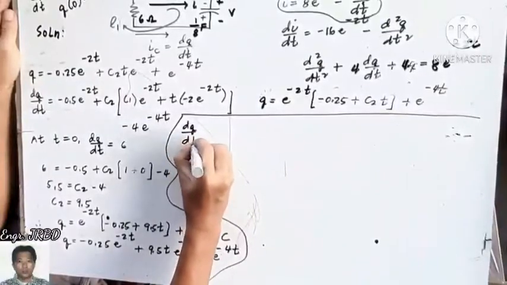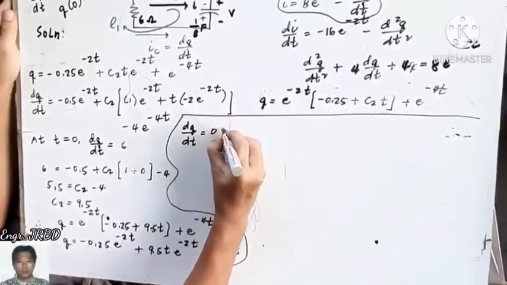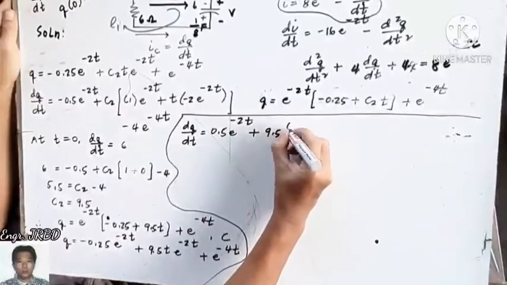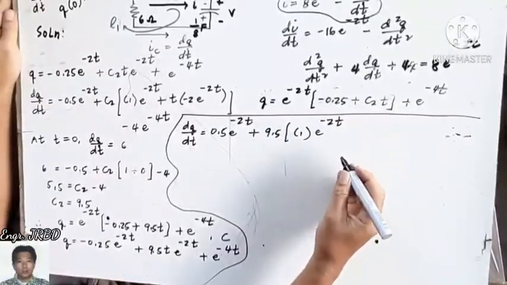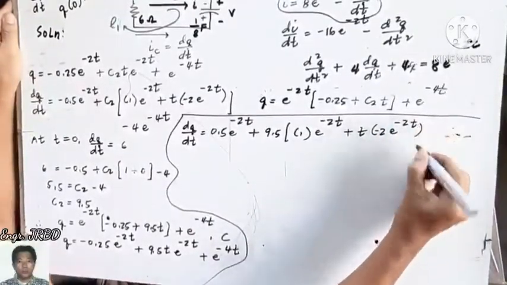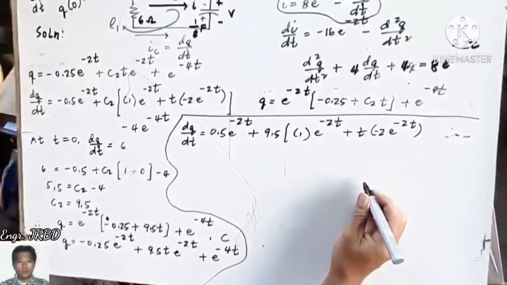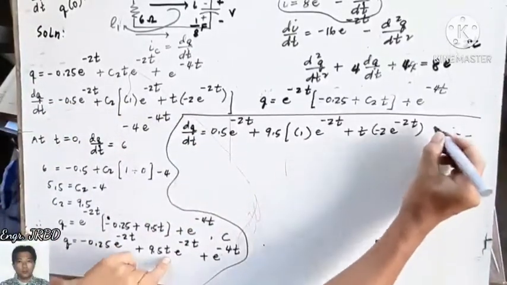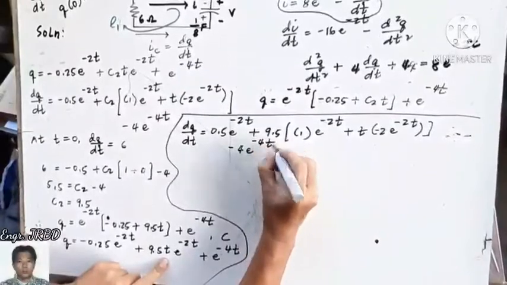The derivative of Q with respect to t is equivalent to 0.5 e raised to negative 2t plus 9.5 times 1 e raised to negative 2t plus t times negative 2 e raised to negative 2t, minus 4 e raised to negative 4t.